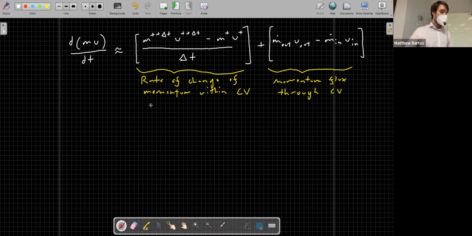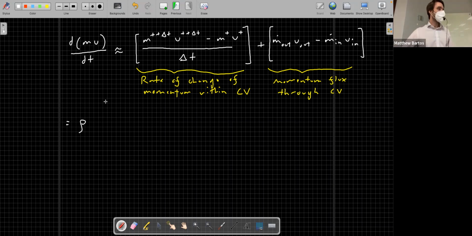From before, we know that the mass of the water in the control volume is equal to the cross-sectional area times delta x, right? So let's write that out again.